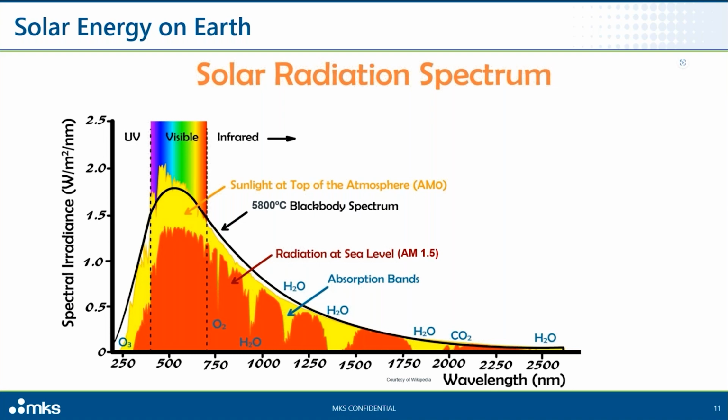And you can also see that the light that is not into our atmosphere yet, let's say in outer space, is represented by the yellow portion of this graph. So it does follow that curve of a black body very closely. And then as the light is coming through to Earth, there are a lot of absorption bands that happen as that light enters our atmosphere and then reaches the Earth's crust.